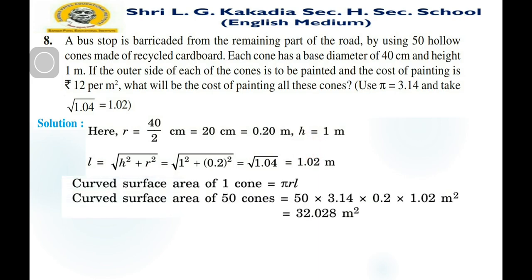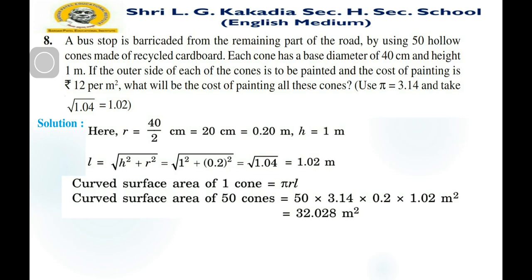So the curved surface area of one cone is equal to pi r L. The curved surface area of 50 cones is equal to 50 into pi r L, which is equal to 50 into 3.14 into 0.2 into 1.02 meter square, which is equal to 32.028 meter square.